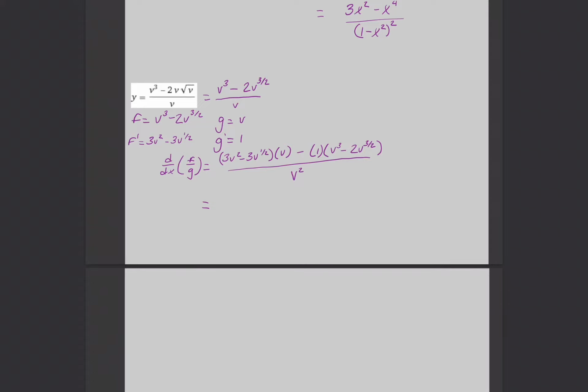Now we can simplify a little bit on the top. We'll get 3v cubed minus 3v to the 3 halves minus, if we distribute this negative through to both of these terms, minus v cubed plus 2v to the 3 halves, all divided by v squared.